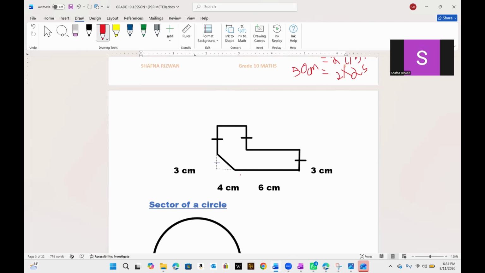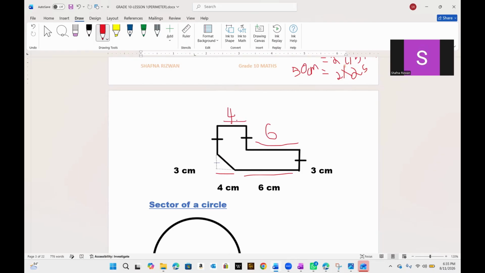Now here, if you take this question, what can you do? Here it's 6 centimeter below. Then what can you say about this top part also? 6 centimeter. Here if it is 4 centimeter, top part will also become 4 centimeter.